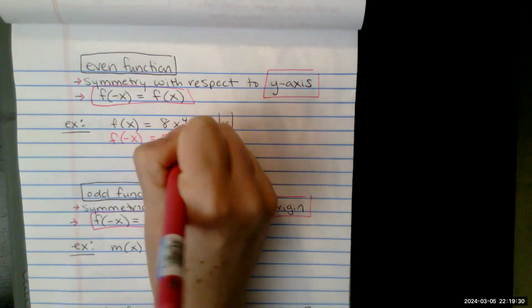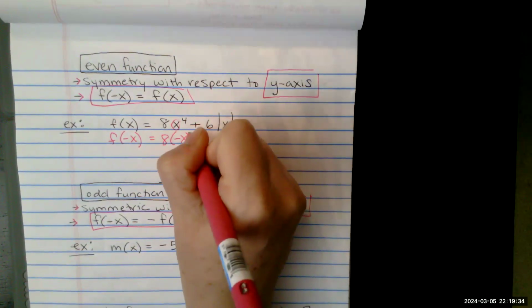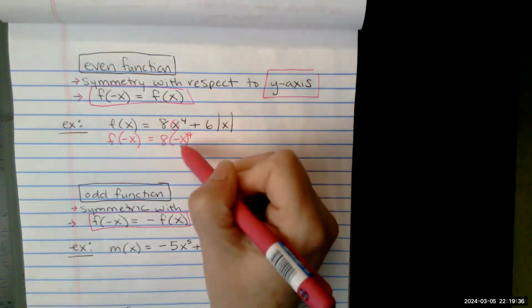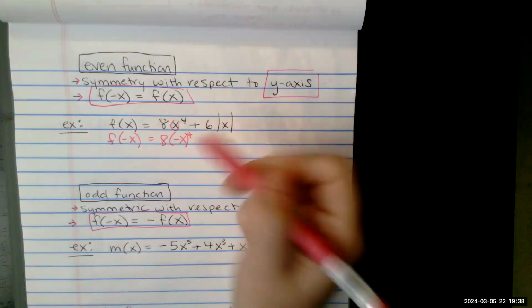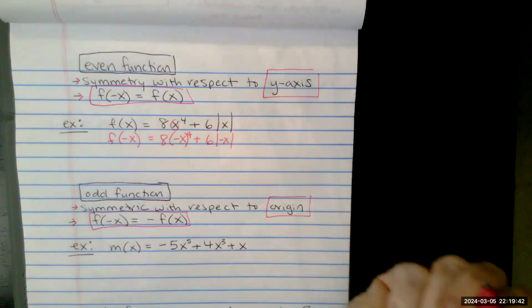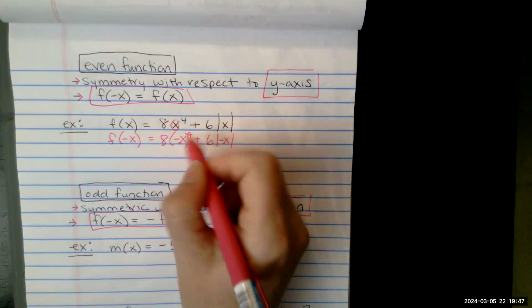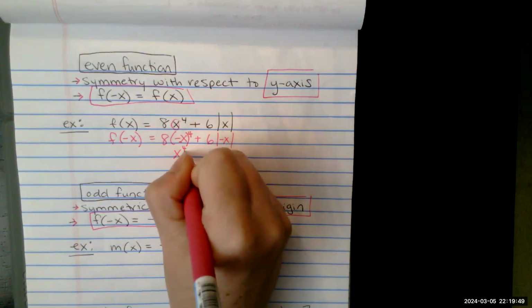Be careful and make sure you're only plugging it into the x. So I'm going to use a parenthesis to show that this needs to be raised to the fourth power, plus 6, and a negative there too. So negative x raised to the fourth power becomes positive.